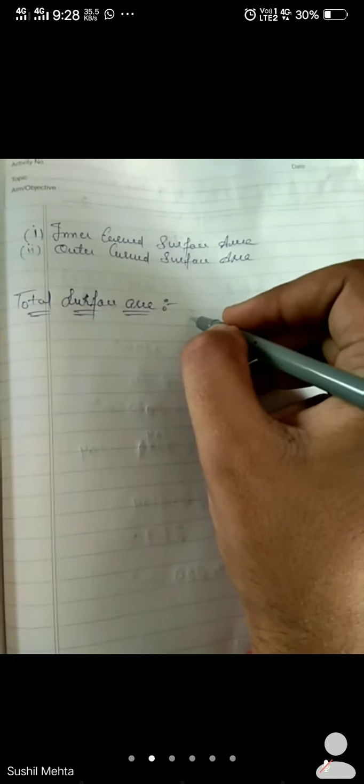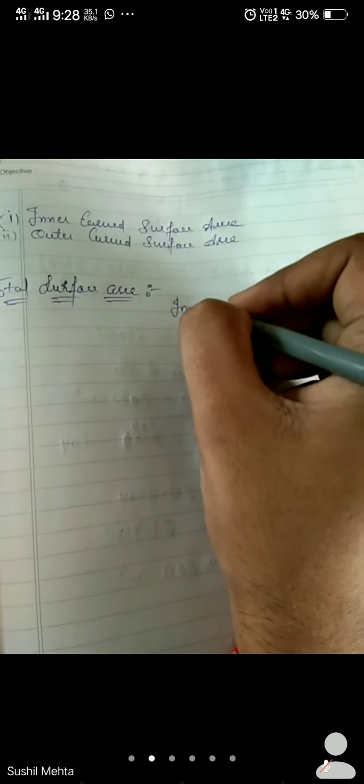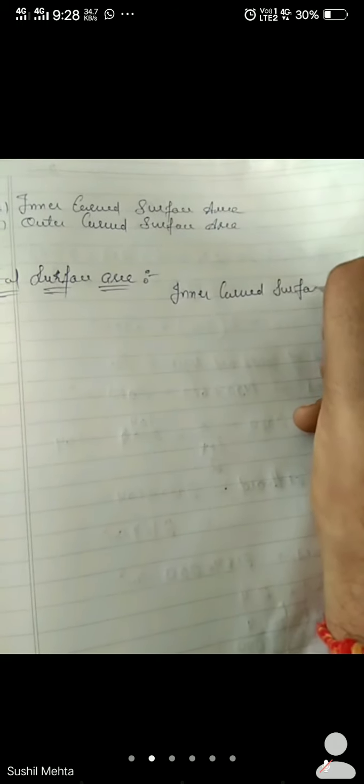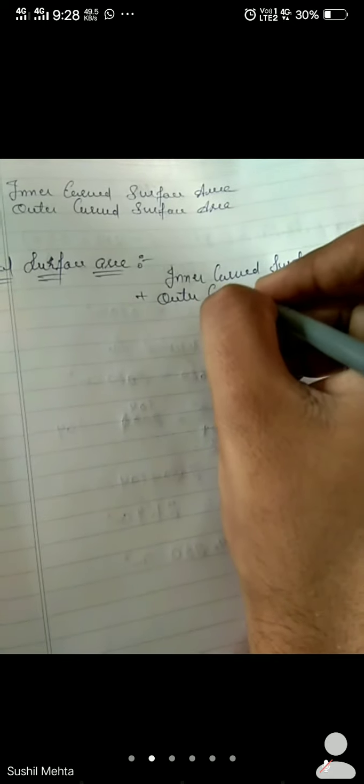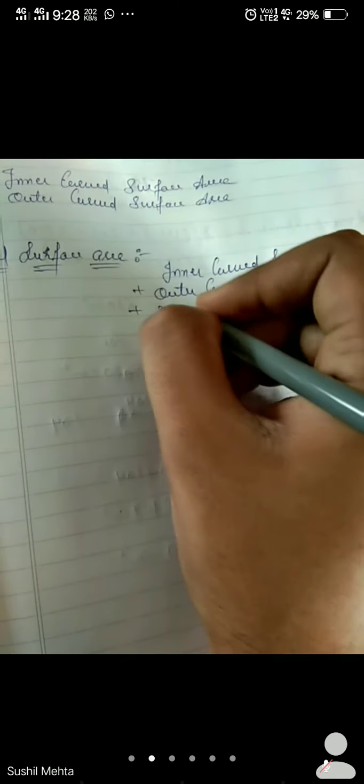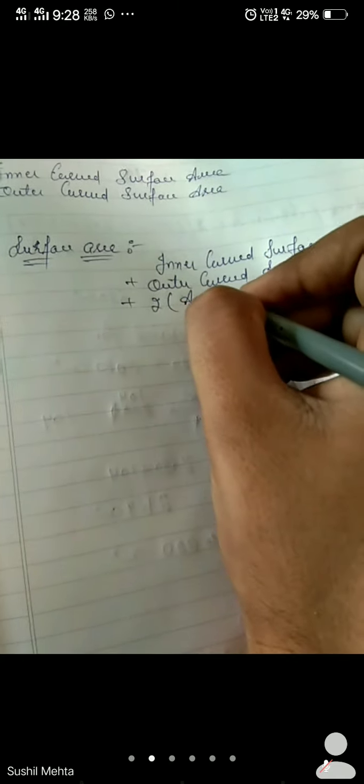So let us write the formula for finding the total surface area. Total surface area is inner curved surface area plus outer curved surface area plus 2 times the area of the disks.